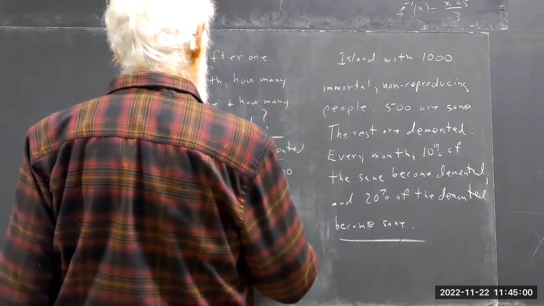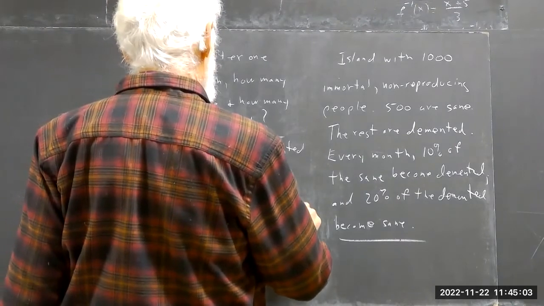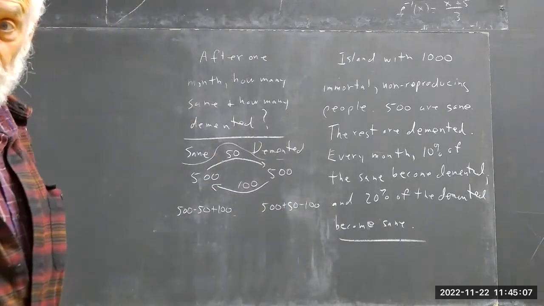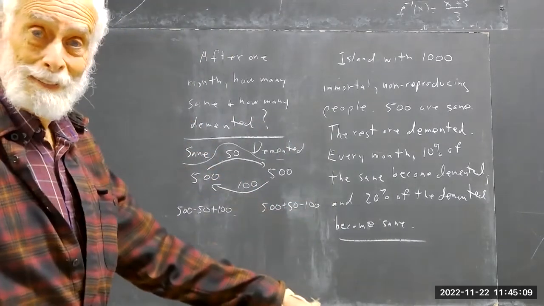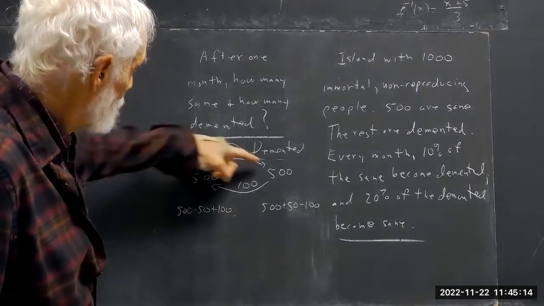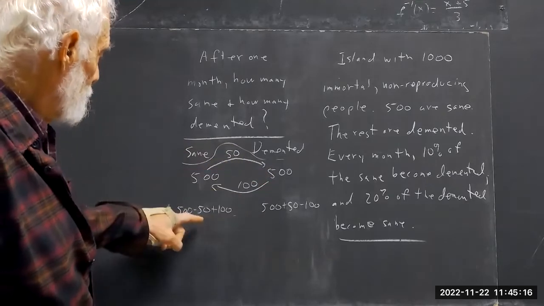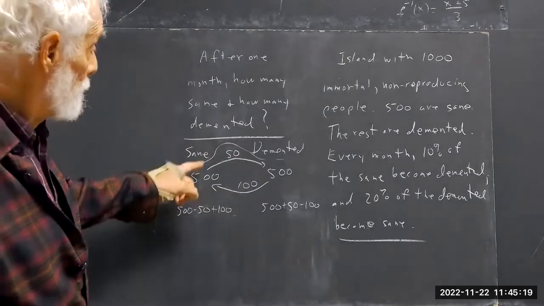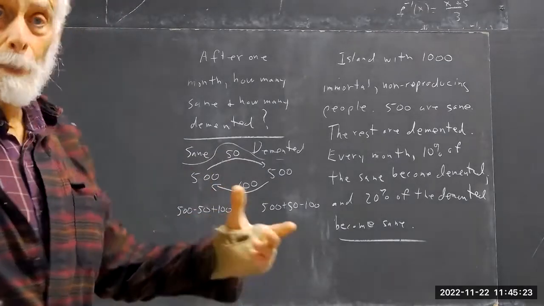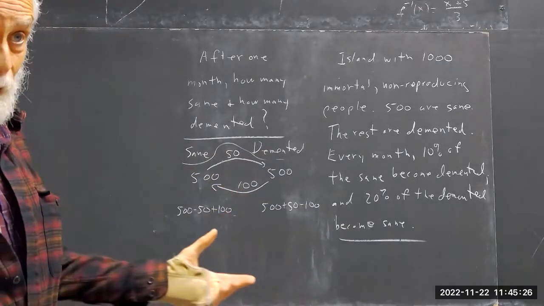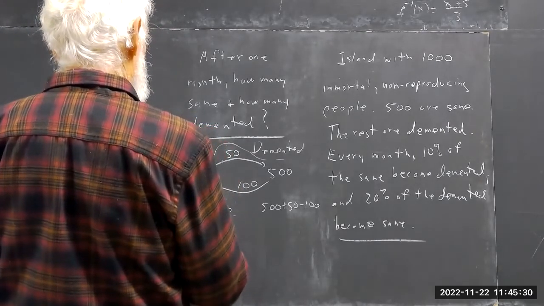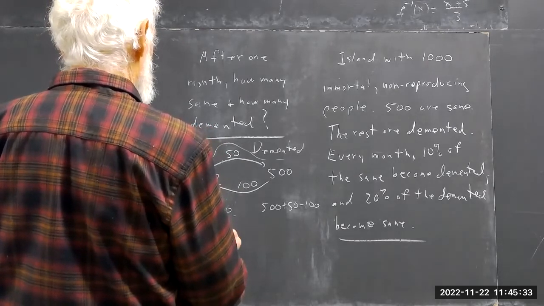And here you've got 500 plus 50 minus 100, because the 50 here decreases the number of sane, which is negative here, but it increases the number of demented. So what any of these numbers do to one, they do the opposite to the other side. So that's 550.